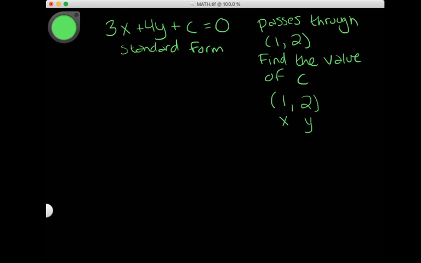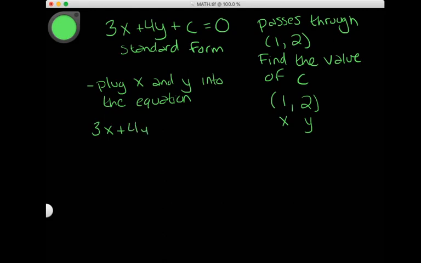So I'm going to say our first step is to plug x and y into the equation. So I'm going to rewrite this down here and then we'll plug them in. So I have 3x plus 4y plus c equals 0.